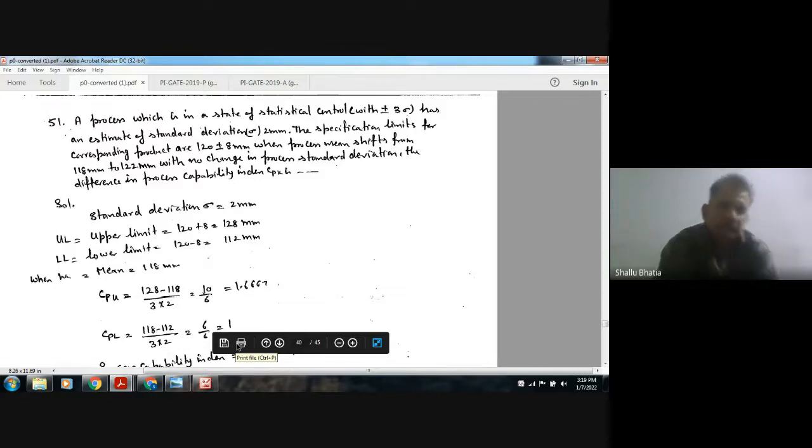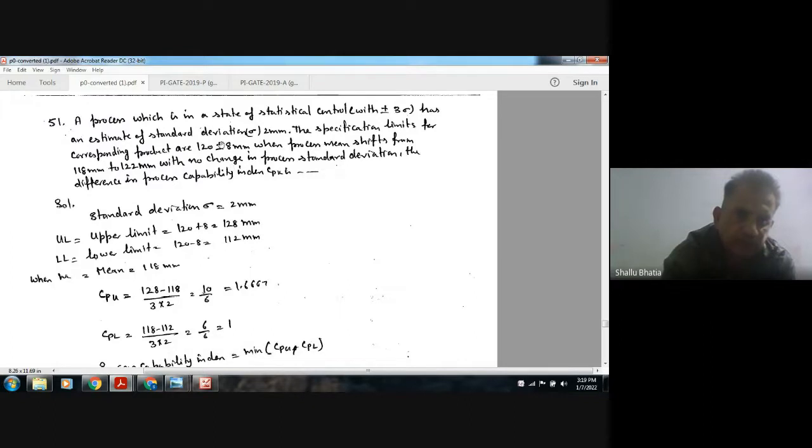We need the difference in the process capability index. Here the standard deviation is 2 mm, the upper limit is 120 plus 8, the lower limit is 120 minus 8, that is 112, and initially the mean is 118 mm.